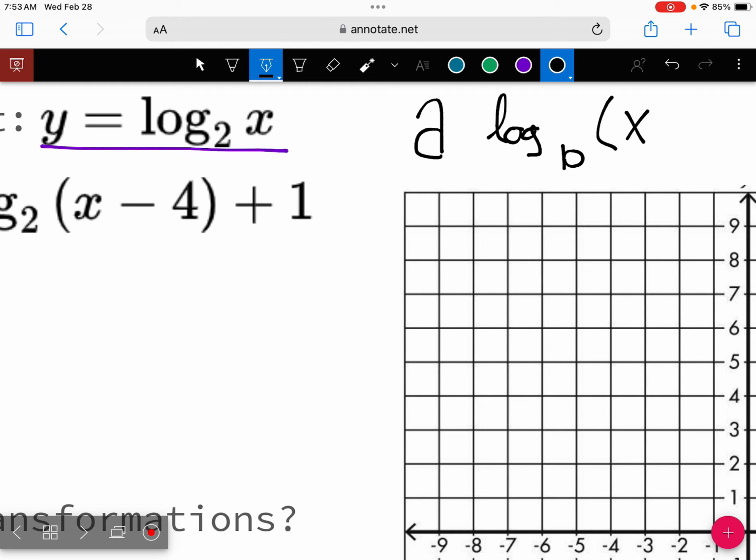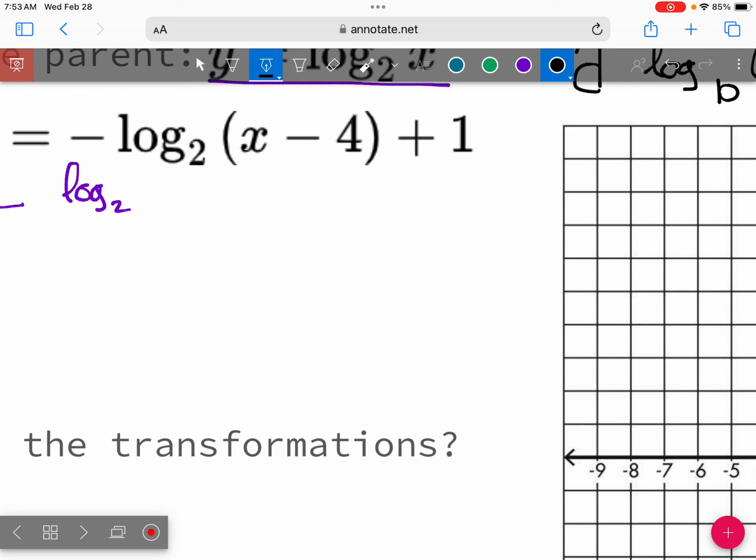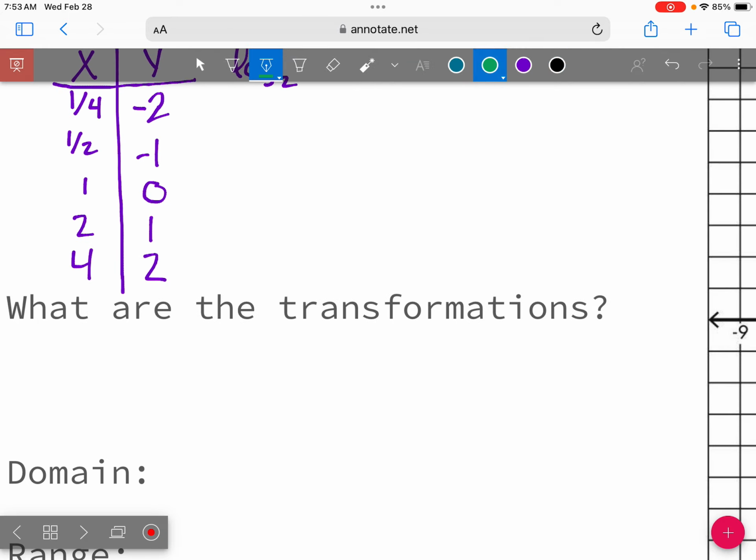P of x minus h plus k. So let's figure out our transformations. We want to know what's our a, h, and k. What do we see?